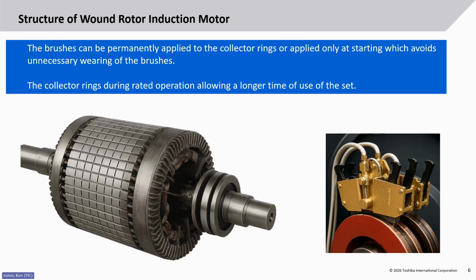It allows it to be shorted out, and the resistor control will allow for variable speed. It's the law of electromagnetic induction. It causes the current to flow in the rotor winding and generating additional torque.